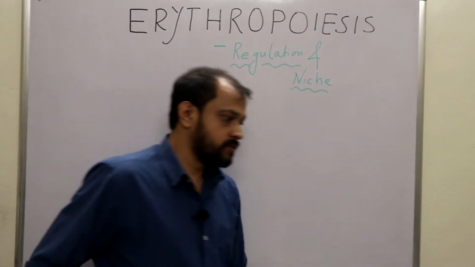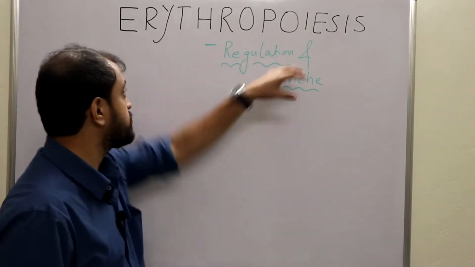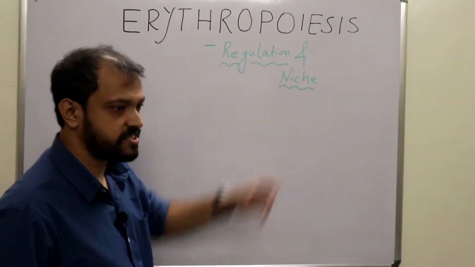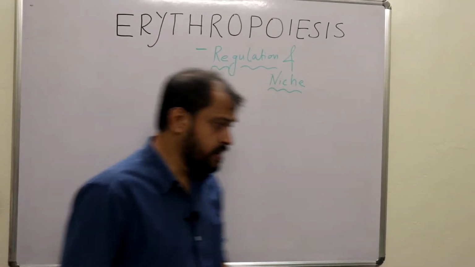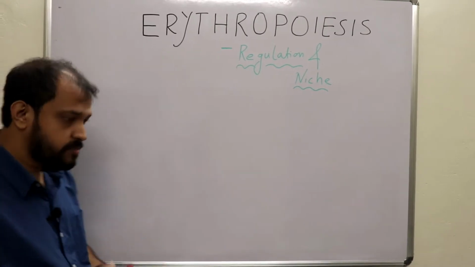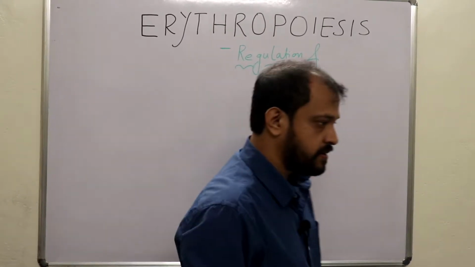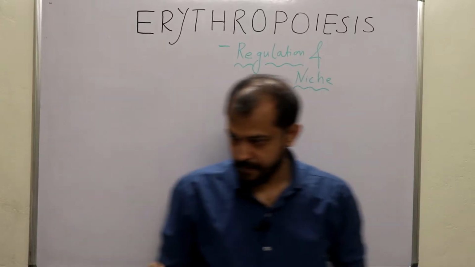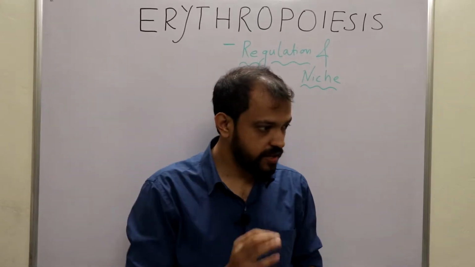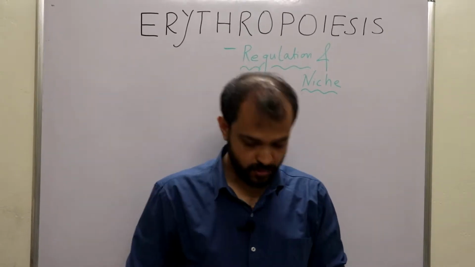Okay, so students, today we will be discussing erythropoiesis, regulation and niche. Erythropoiesis means the conversion of a stem cell into a working RBC.